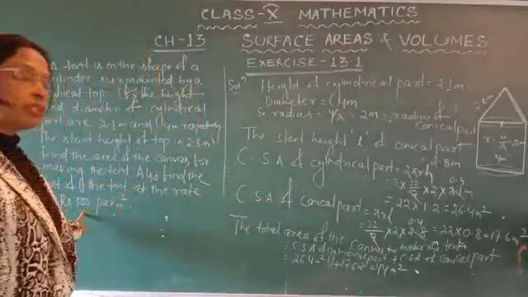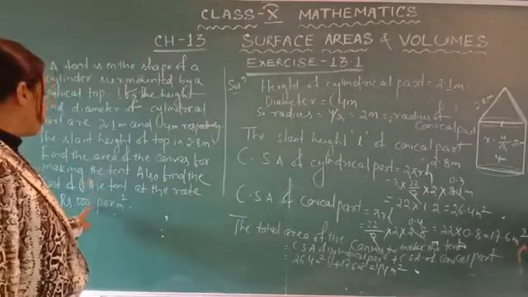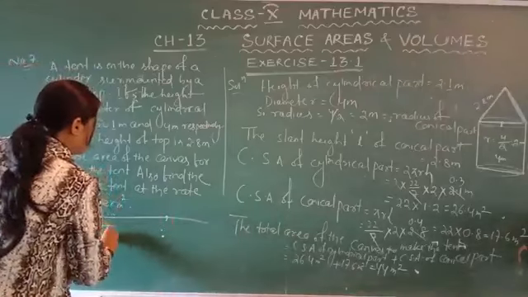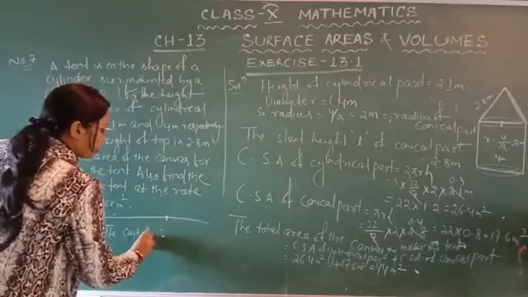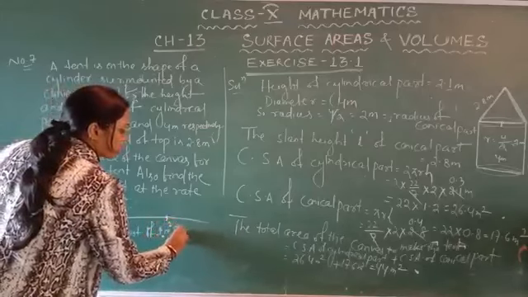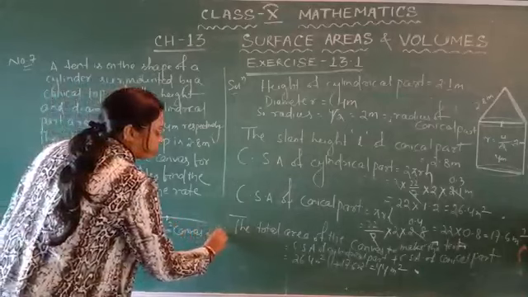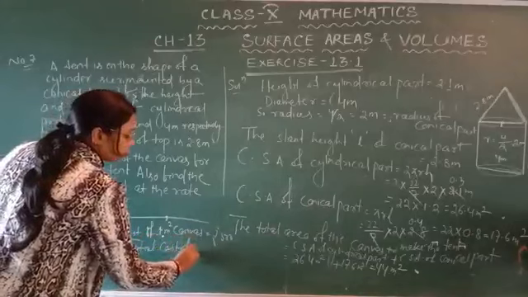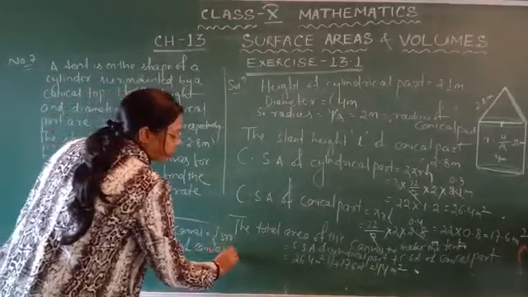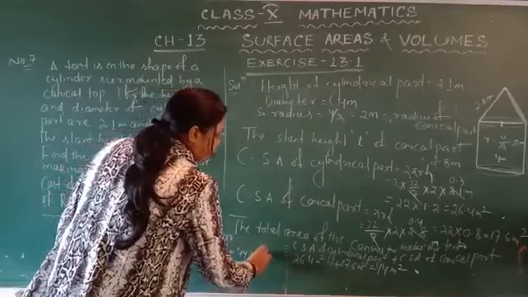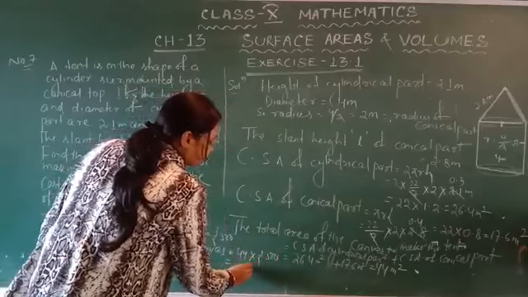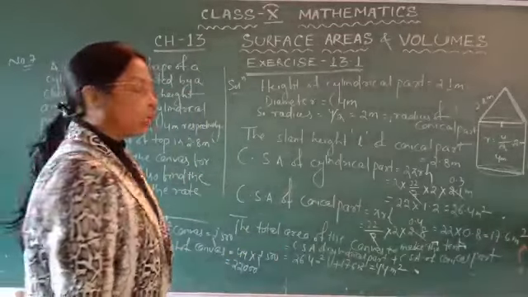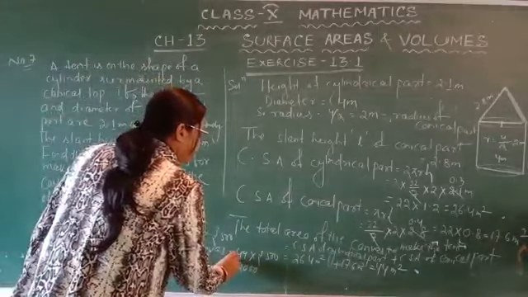Another question here is the cost. Per meter square, canvas cost is 500 rupees. So we write the cost of 1 meter square canvas is equal to rupees 500. So the total cost of canvas is equal to 44 into rupees 500, that is equal to rupees 22,000.